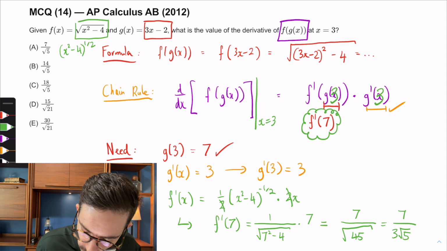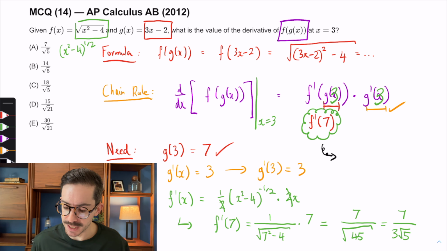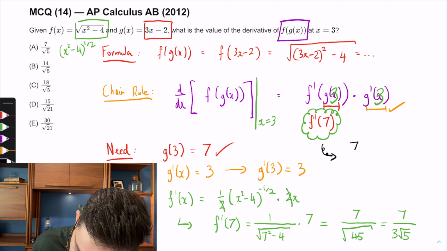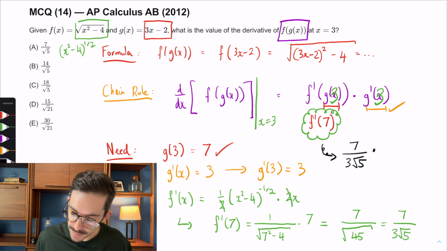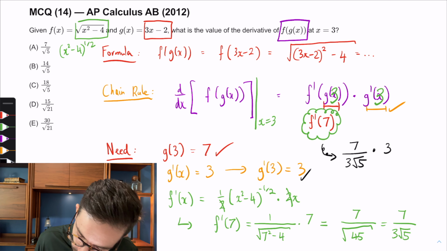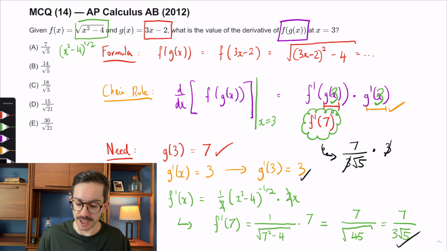So now I can substitute in. If I look at my different values, I have my f prime of 7 piece, that is 7 over 3 root 5. I have my g prime of 3 piece, that was just 3. Those 3's will cancel and give me the correct answer of 7 over root 5.